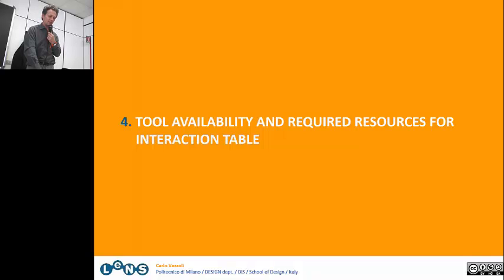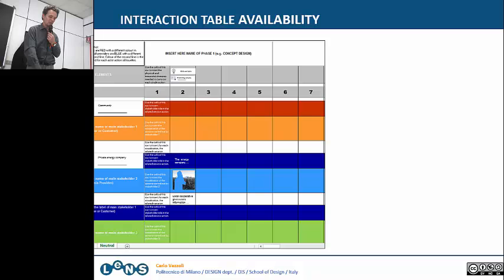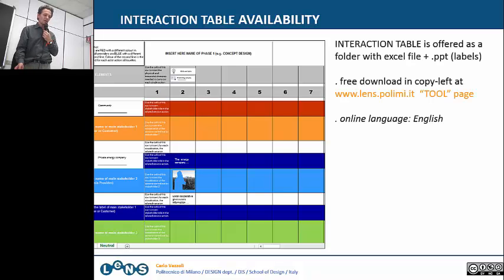Tool availability and required resources for the interaction table. Well, as for many of the tools that we present, you can download this from the Lens website in the tools section, as you know. And the folder contains both the Excel file plus a PowerPoint file with the labels that I told you before.